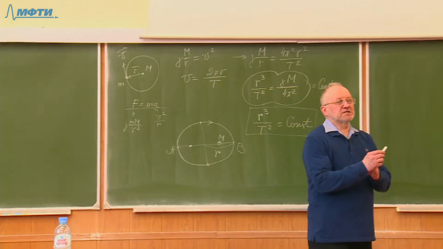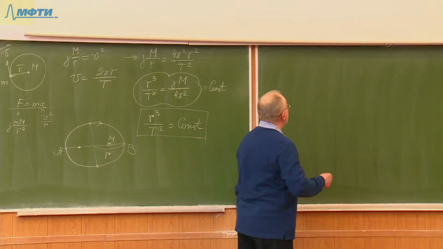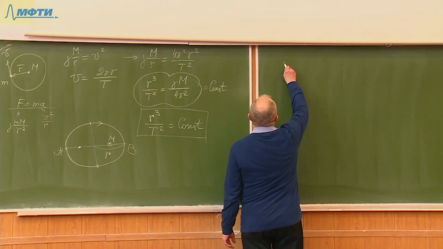Last lecture we discussed the energy relationship for a celestial body, and the energy relationship was this.